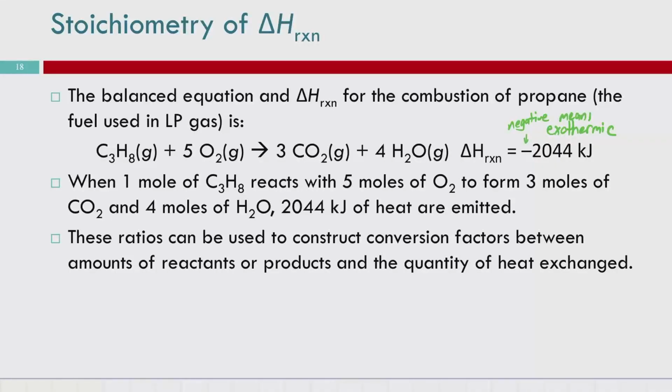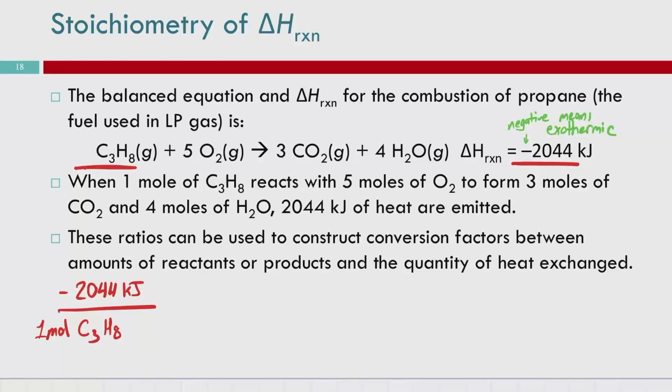So we can make some ratios. Let's just make the ratios in one direction that have the 2,044 kilojoules of heat. So we are going to take negative 2,044 kilojoules of heat per 1 mole C3H8.